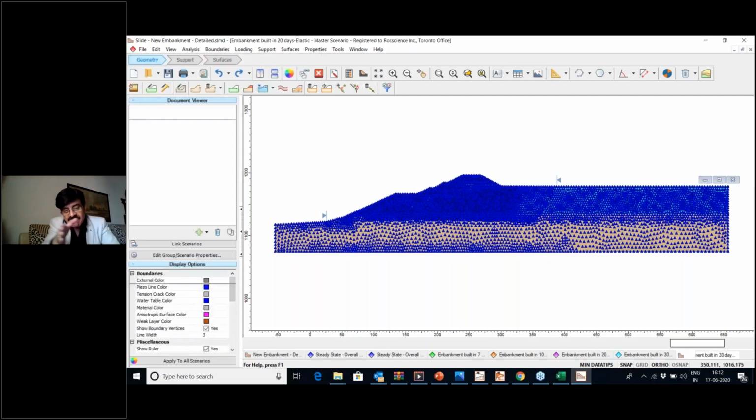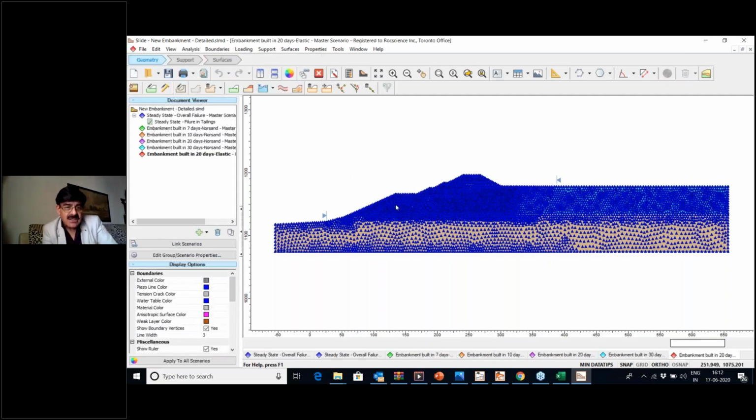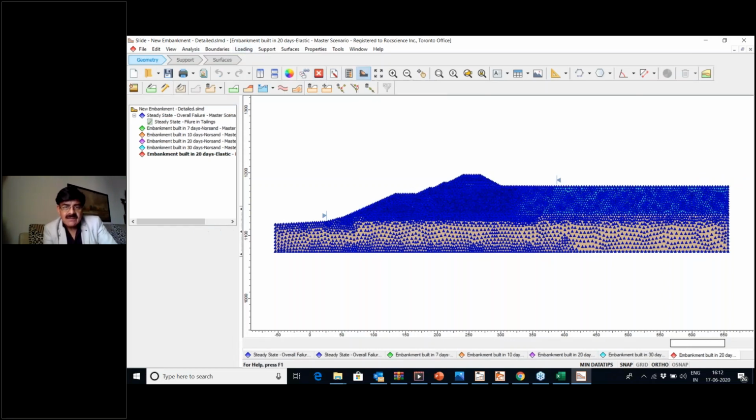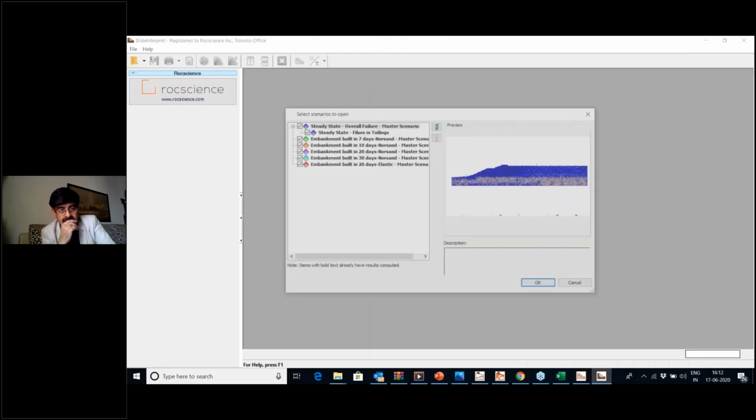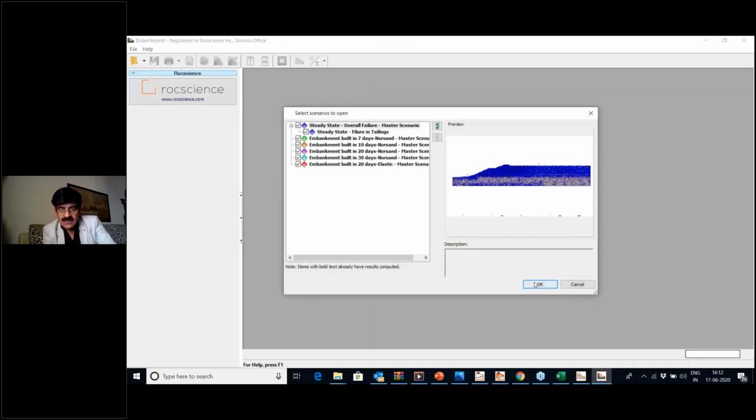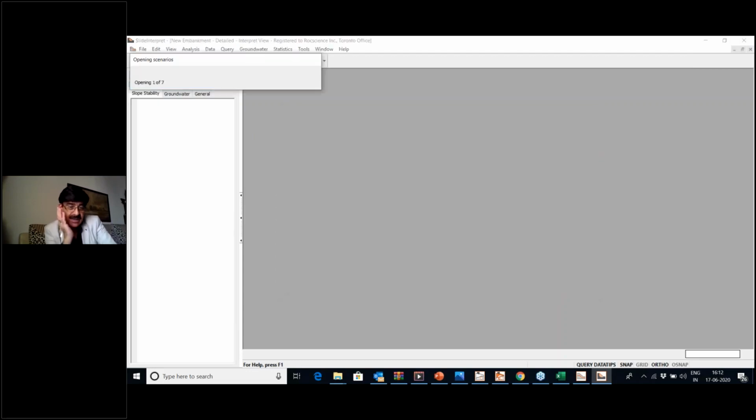And you will see the influence of the time taken to build the embankment. This is done. And so we look at the results. All these options, they will open one by one. And as they're opening, you can also see the factor of safety.